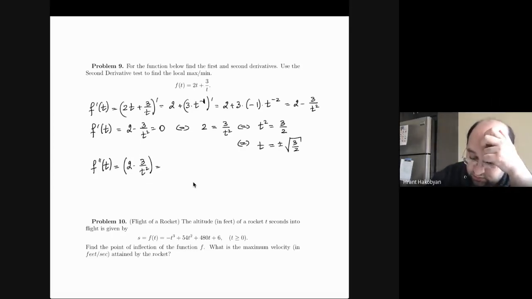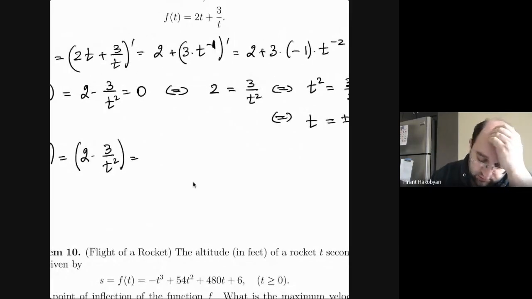That's the derivative of 2, which is 0, minus 3 times the derivative of 1 over t squared, the same as t to the power negative 2.